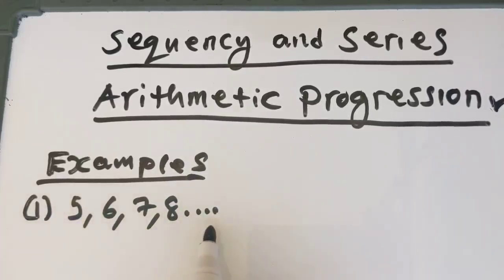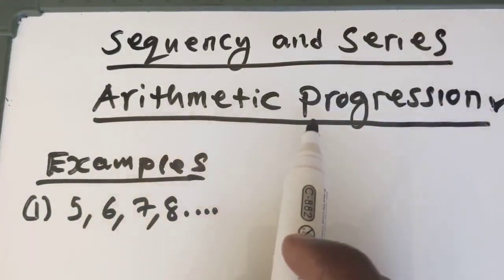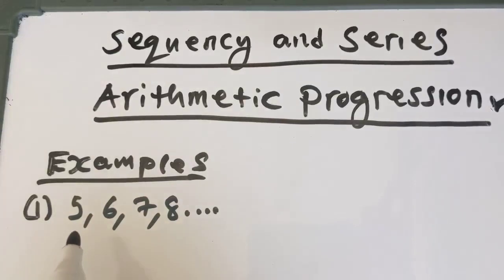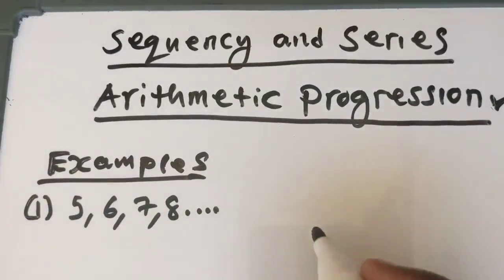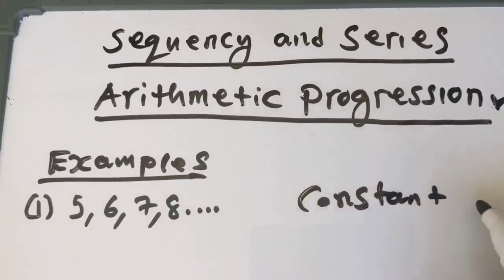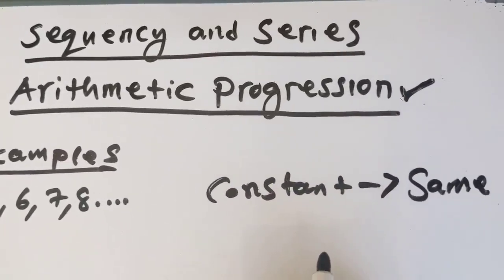It might be numbers or letters in a pattern, but under arithmetic progression, each term is formed by adding a certain amount, a constant number, meaning that it is the same number. Constant means the same. Not a different number, but the same number.